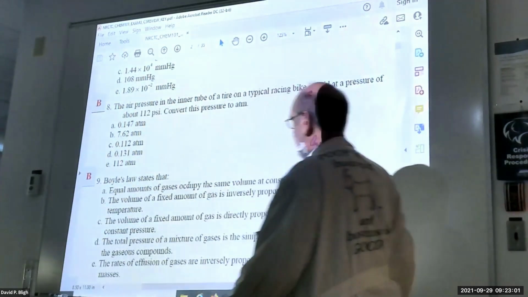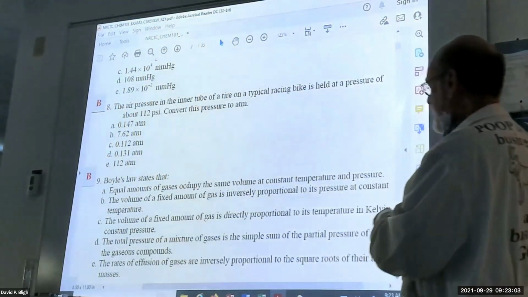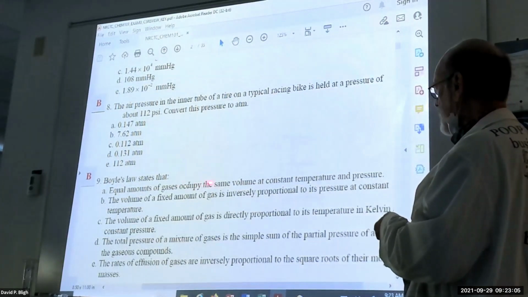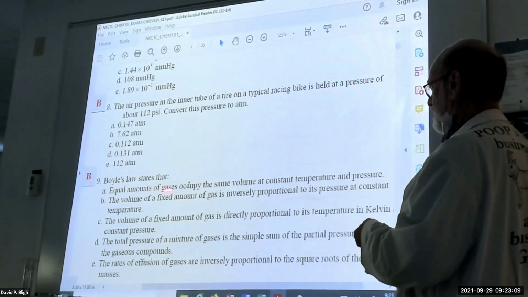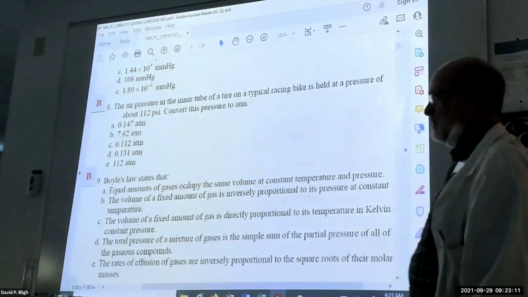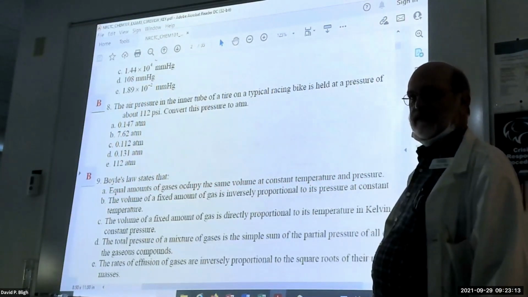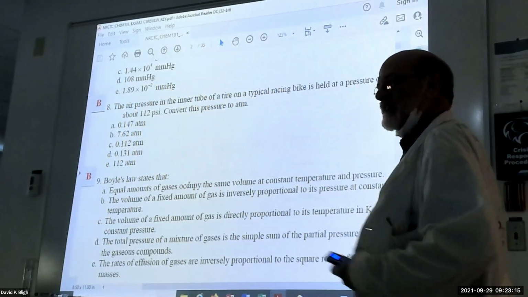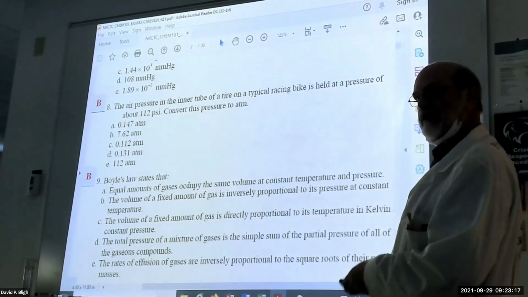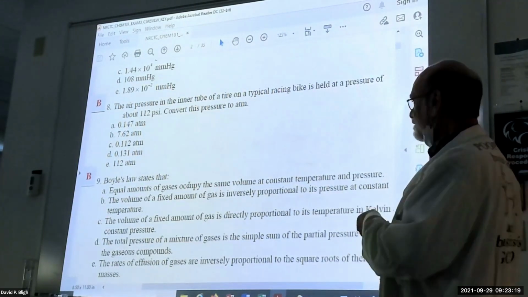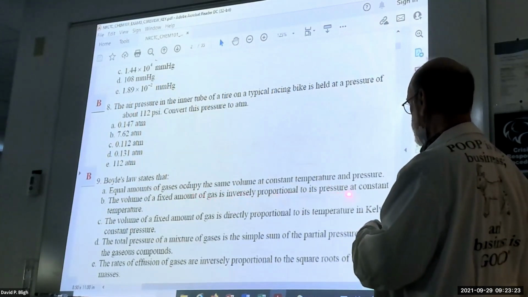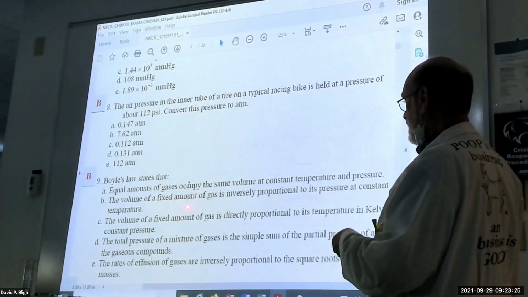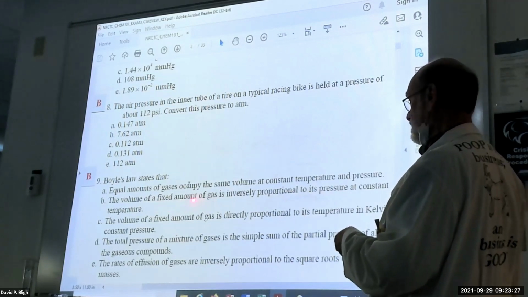Okay, so which one matches that? Let's see. Equal amounts of gas occupy the same volume at constant temperature and pressure. I think that comes later, from an Italian, right? Avogadro. The volume of a fixed amount of gas is inversely proportional to its pressure at constant temperature. I think that fits.